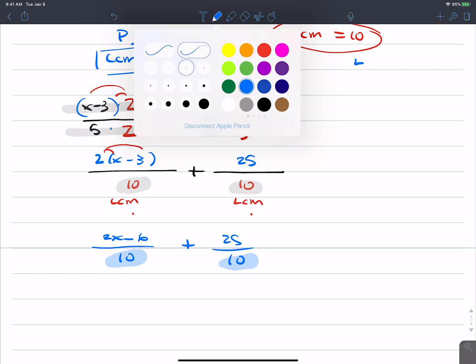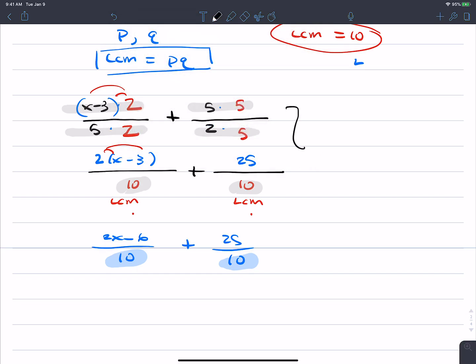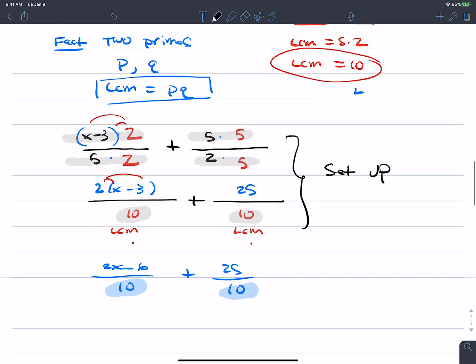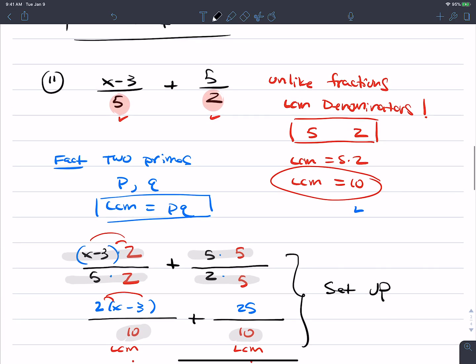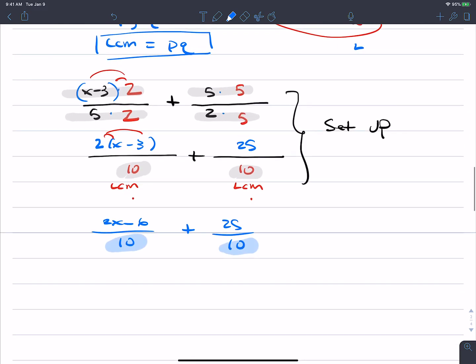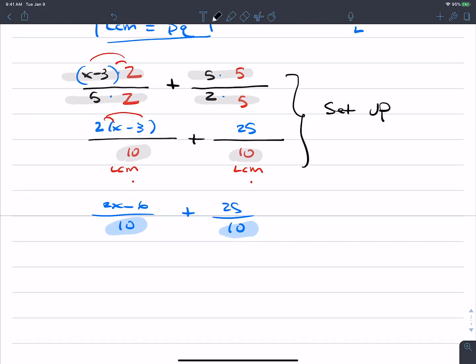So this portion here is what I call the setup that we'll have to do for every situation where our fractions are not like, where they are unlike. We follow that procedure. So now that they are like, because they have the same denominator, we can put this all over 10 here.